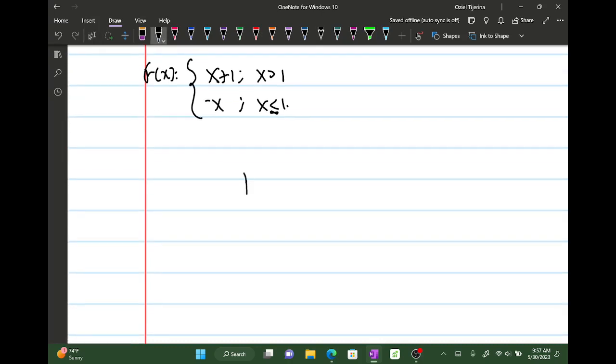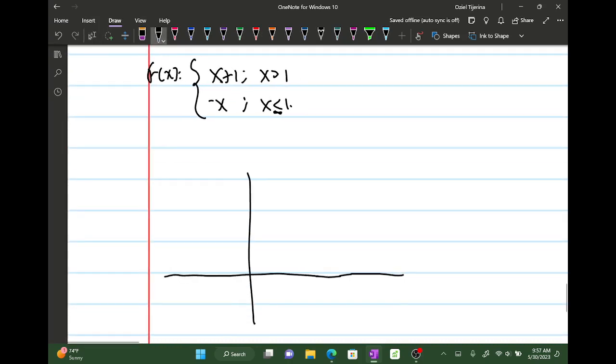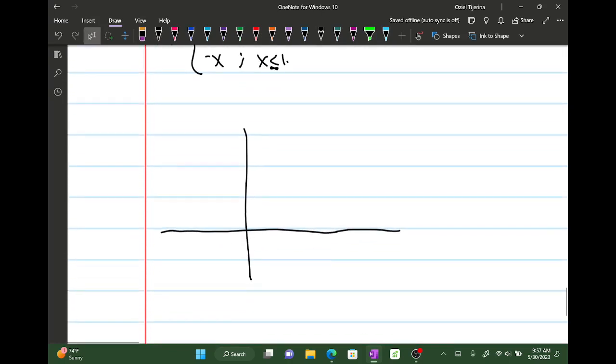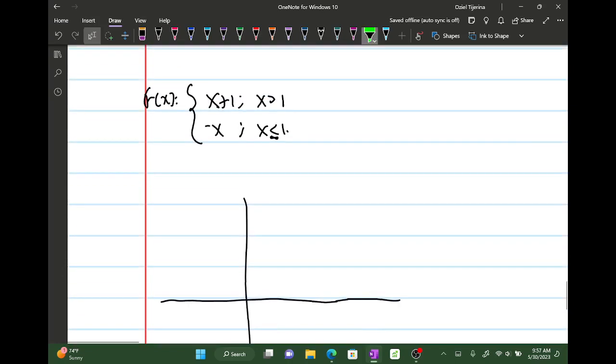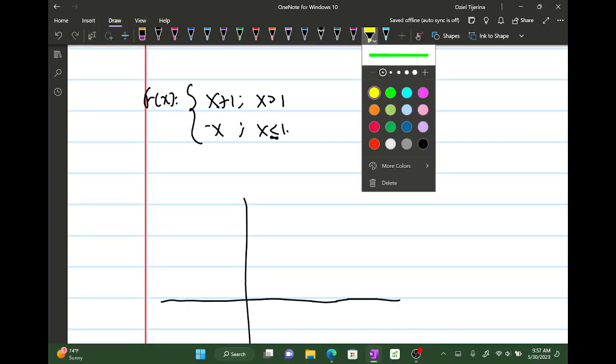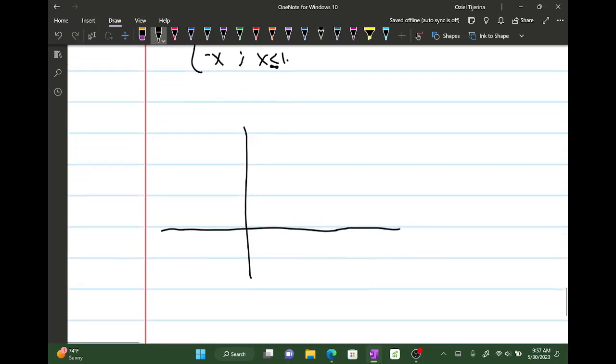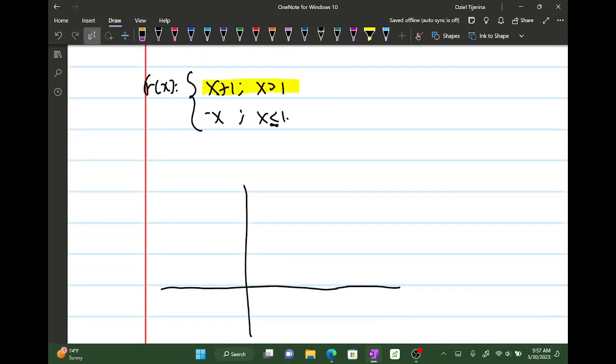What would happen is, and I'm going to just draw a rough sketch here, if I look at this one here, this is kind of the example of a jump discontinuity.